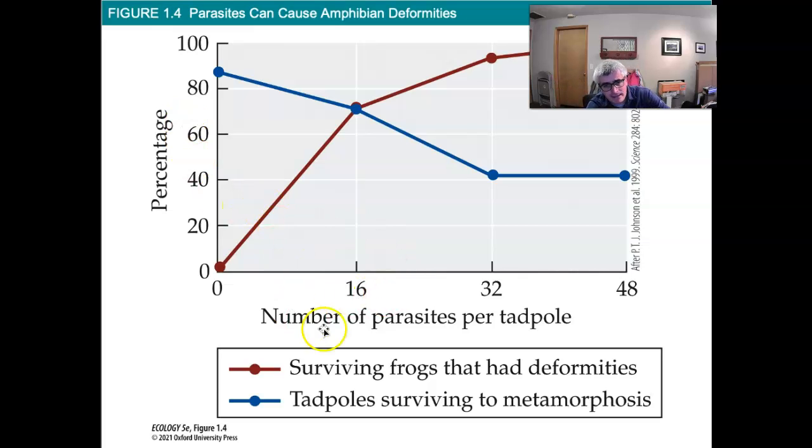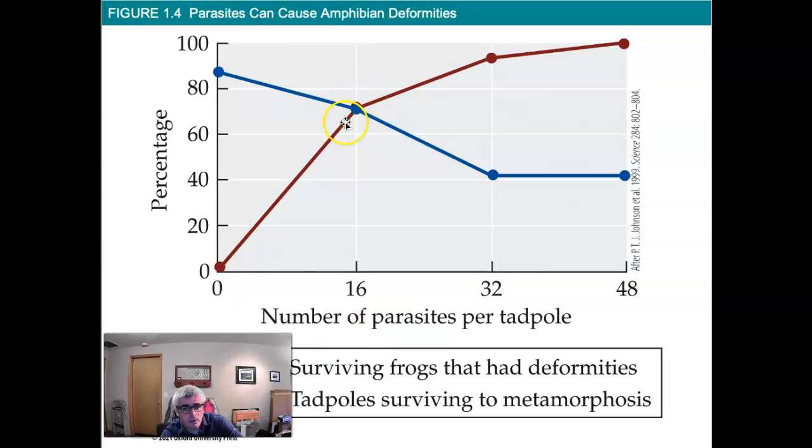Then we move up to 16 parasites per tadpole, or if you have one tadpole per jar, 16 parasites per jar. And the number of surviving frogs with deformity goes way up to about 70%. Overall survivorship drops as well to about 70%. So here with 16 parasites per tadpole, we have a massive increase in the number of tadpoles with deformities, and a decent decline in the number that survive.